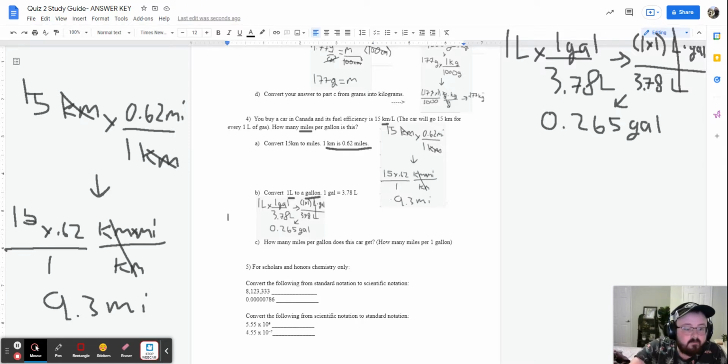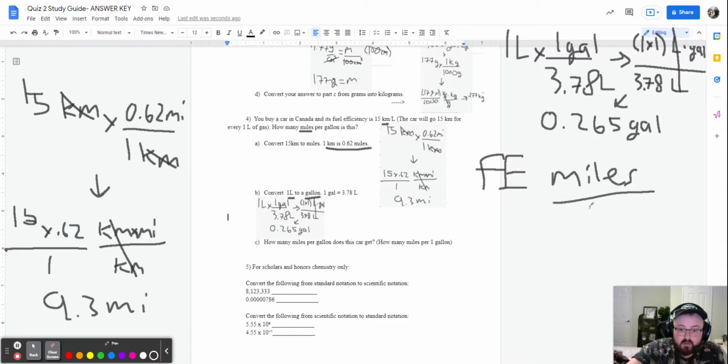Okay. So what is the miles per gallon of this car, right? What is the fuel efficiency of this car? So how many miles are there per 1 gallon? So easiest way to do this, right? Our formula for fuel efficiency, right? We have miles per gallon. So the fuel efficiency, I'm just going to use FE, we say it's in miles per gallon.